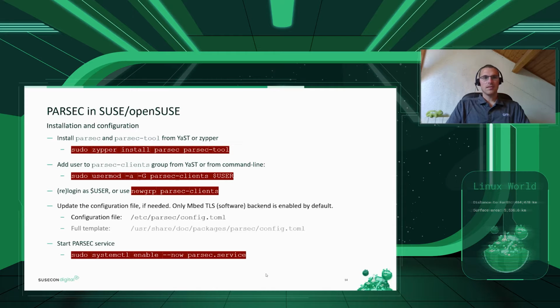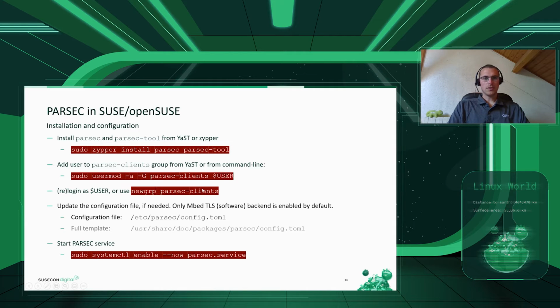To install it, you do as usual with Zypper or YaST to install the Parsec and parsec-tool packages. Once done, you will need to add your user to the parsec-clients group. So it can be done with YaST or from the command line. But keep in mind, you need to relog in with this user to get the changes in effect.